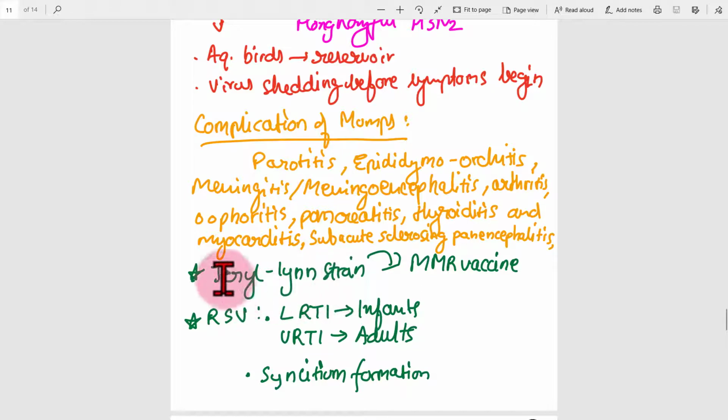We also need to know other points, such as the Jeryl Lynn strain, which is used for mumps in the MMR vaccine. Later on, moving to RSV, there is LRTI in infants and URTI in adults, and there is also presence of syncytium formation in RSV.